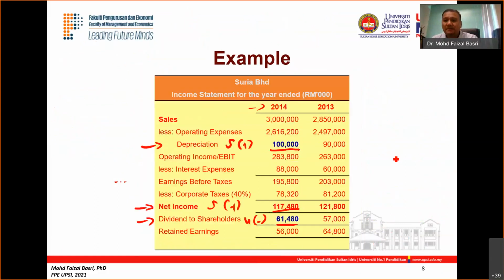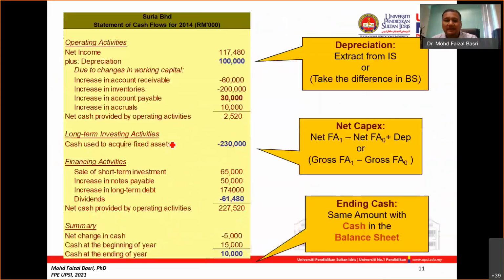But for the investing activities, we're going to use what we call net capital expenditure. This is specifically for fixed assets alone. For net capex, or net capital expenditure, there are two ways to find this, depending on whether the question uses net or gross.